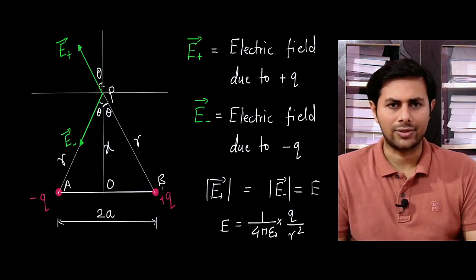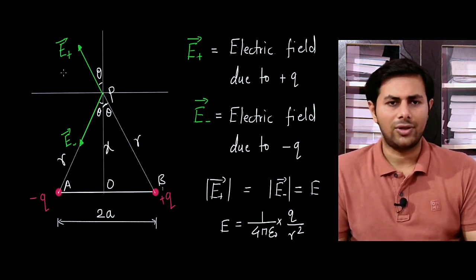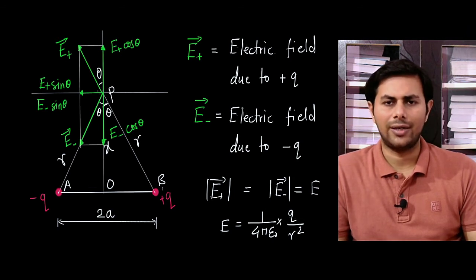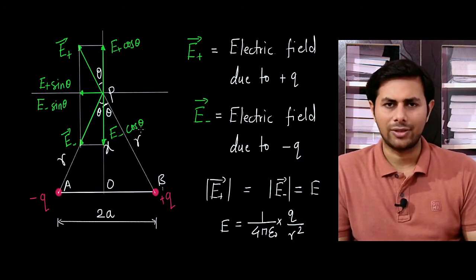So this angle is also theta. Then we can resolve E plus bar and E minus bar. So E plus bar is resolved into a vertical component E plus cos theta and a horizontal component E plus sin theta, and E minus bar is resolved into a vertical component E minus cos theta and a horizontal component E minus sin theta.